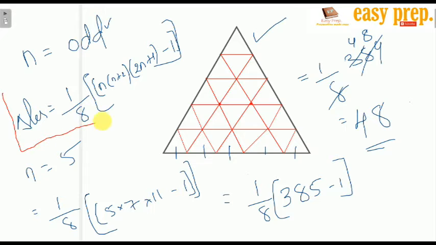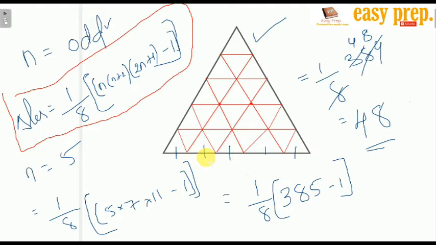See, this is the formula to find number of triangles if number of base triangles is odd. Okay, odd number like 3 5 7 9.